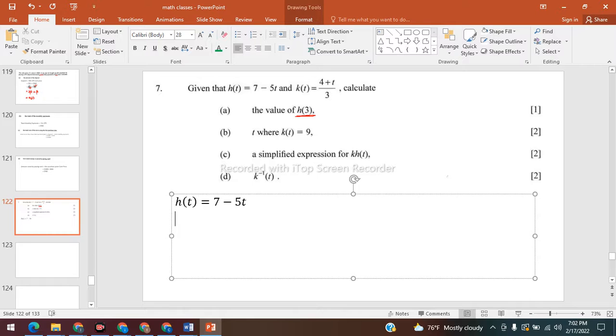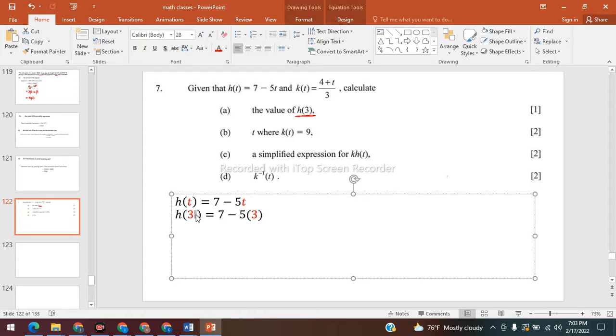And so remember we are going to replace t with what number? 3. So wherever we see the t, we're going to put the 3. There are only 2 places to replace the t, right here and right here. So h of 3 is going to be equal to 7 minus 5 times 3.